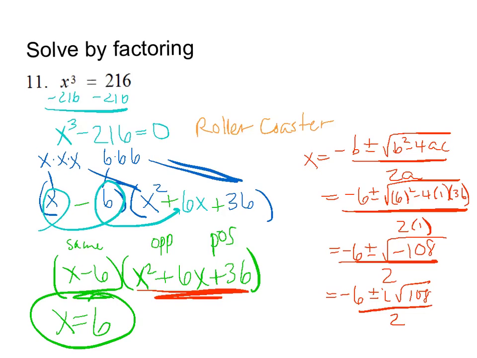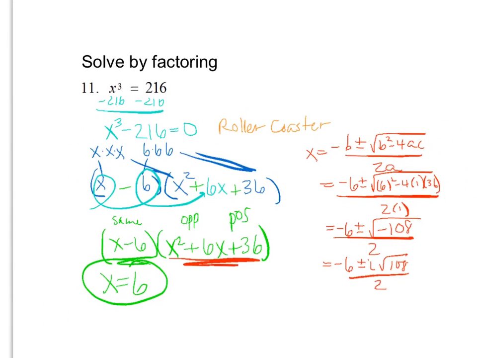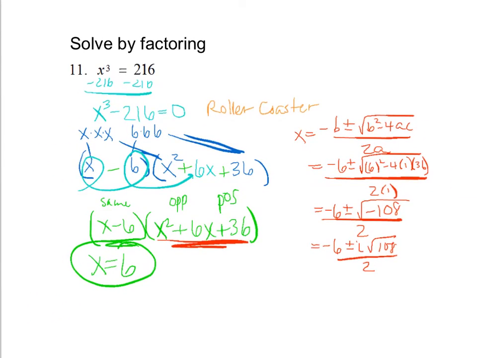And if I ask my calculator whether 108 reduces, it will spit out 6 radical 3. And then the last thing I can do is reduce that because 6 is divisible by 2. So I get 3 plus or minus 3i radical 3.